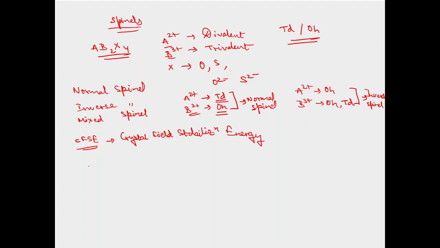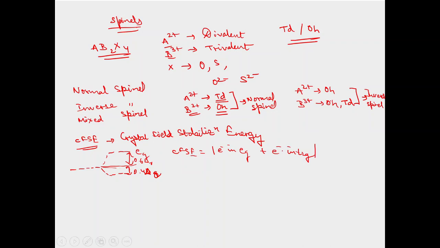So in an octahedral complex, we have T2g and Eg, and this gap is 0.4 delta O, whereas the energy gap from Eg to this is 0.6 delta O. CFSE is the mod of the number of electrons in Eg plus electrons in T2g.